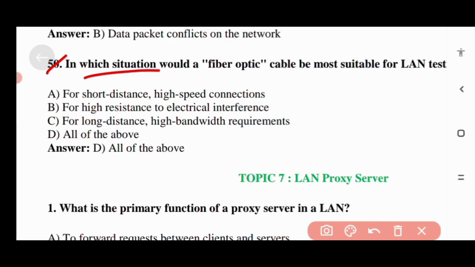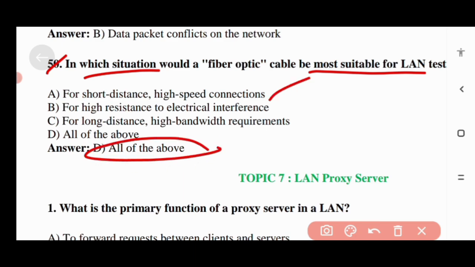In which situation would fiber optic cables be most suitable for LAN testing? All of the above. For short distance high speed connections, for high resistance to electrical interference, for long distance high bandwidth requirements.